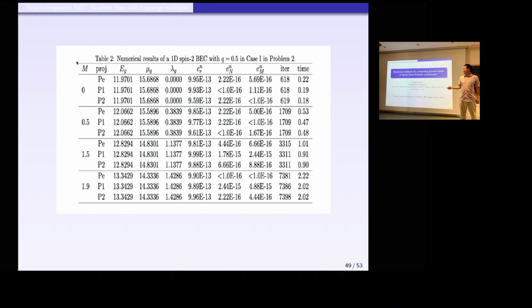And this, of course, will cost some additional time to solve the algebraic equation. But it's marginal. For all the cases, the results are almost the same, and it seems that the projection does not affect the total iteration number too much.